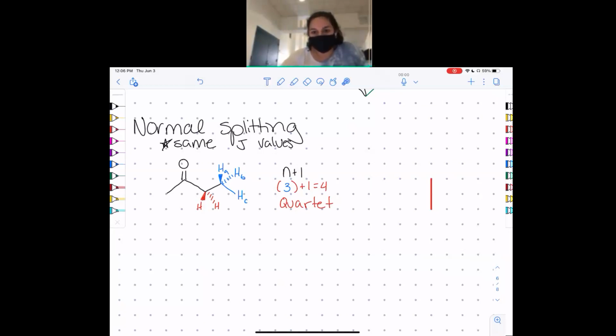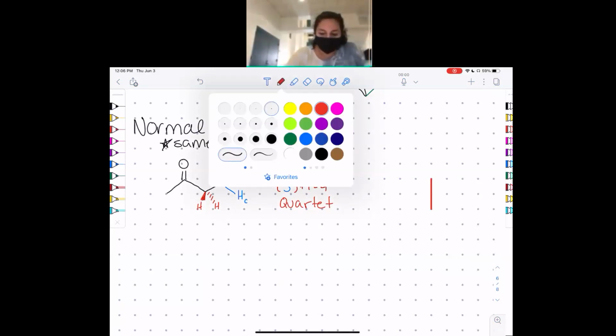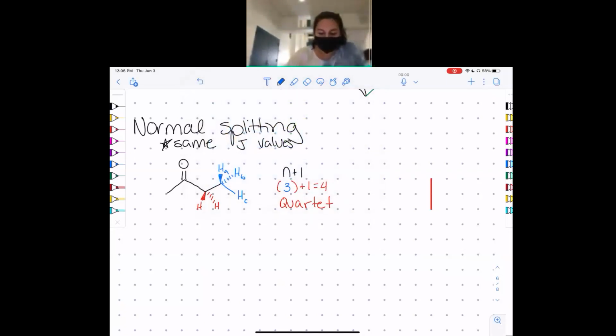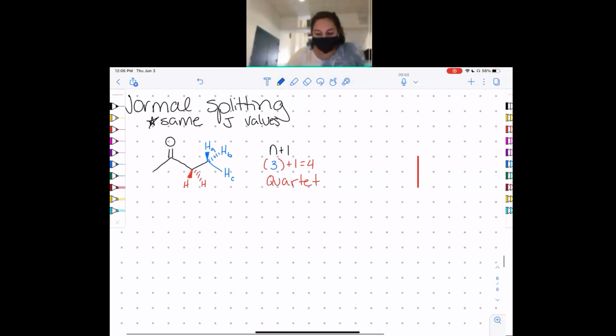Eventually, this signal is going to be split by each of these blue hydrogens. So in total, it will be split 3 times. So first, HA is going to split it like so. And what is our J value for vicinal hydrogens again?